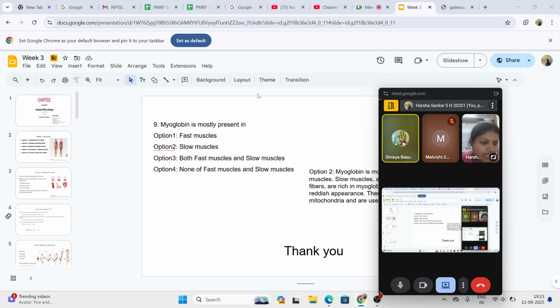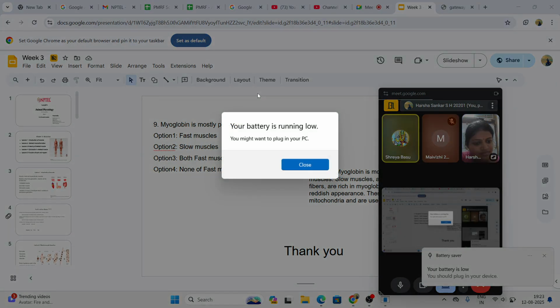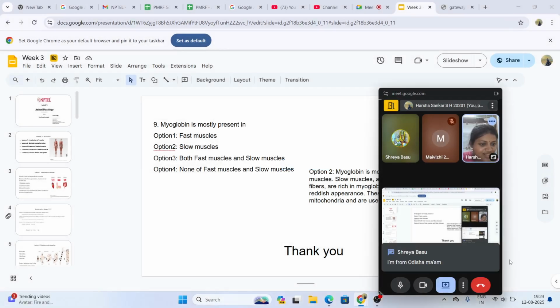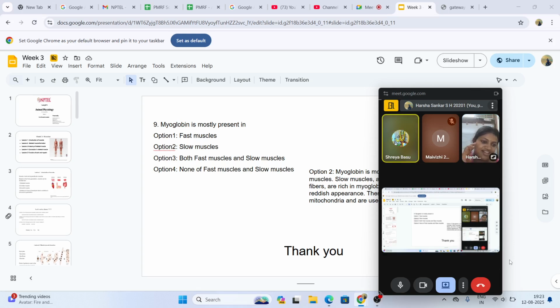Can you please tell me, Shreya, where are you from? Where are you studying? Which course are you doing? Oh, you are from Odisha. Okay, which part of Odisha? I am studying in IISER Berhampur. So I am not from Odisha, but I am studying in Odisha. In which part of Odisha are you from?